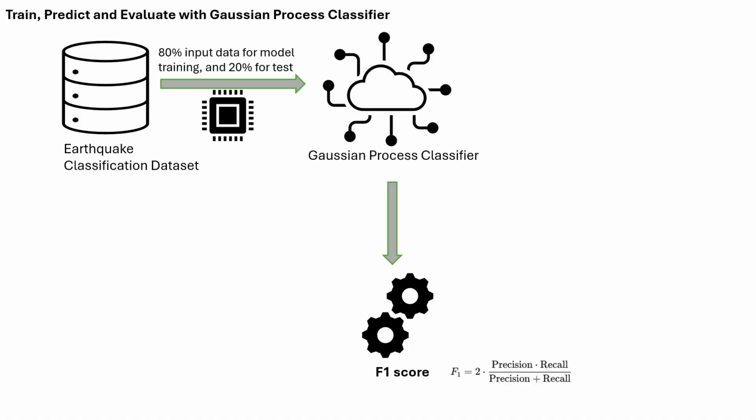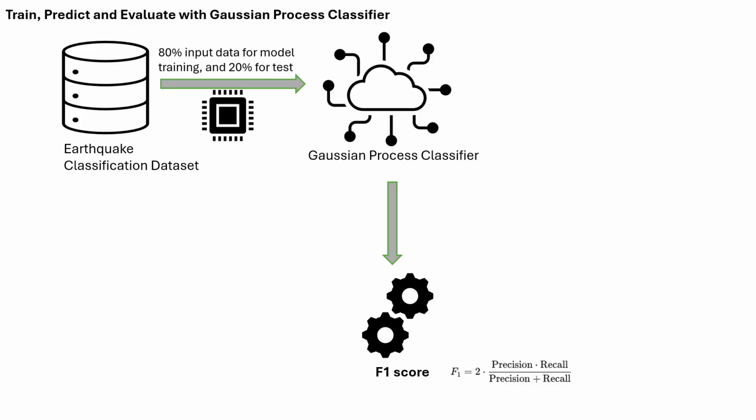After pre-processing, we train the Gaussian process classifier using the 80% training subset and evaluate on the 20% test data. The model predicts the most likely alert class for each event based on the learned relationship between seismic features and alert levels. We assess performance using the F1 score, which combines precision and recall into a single metric to measure how well the model identifies each alert level.